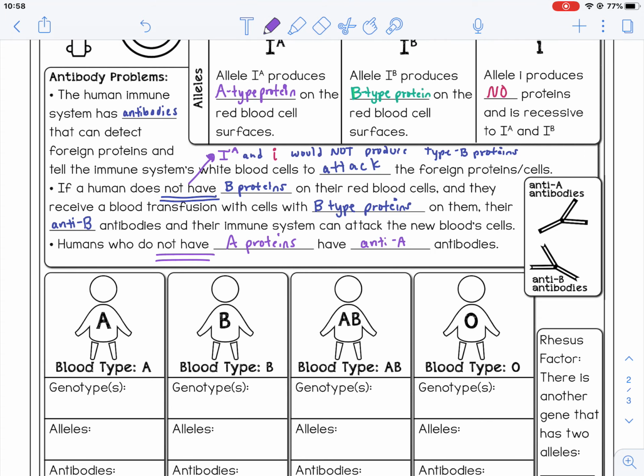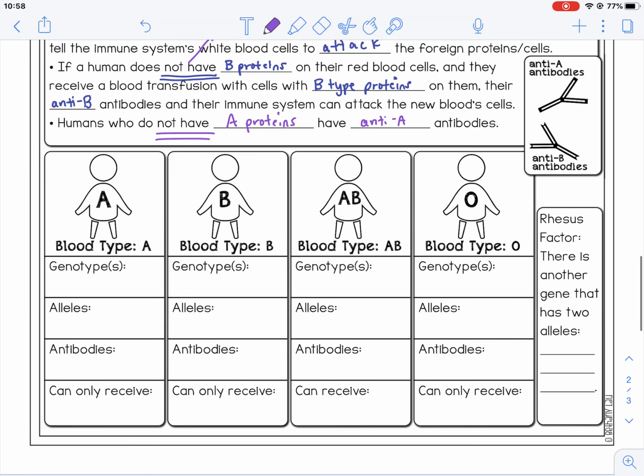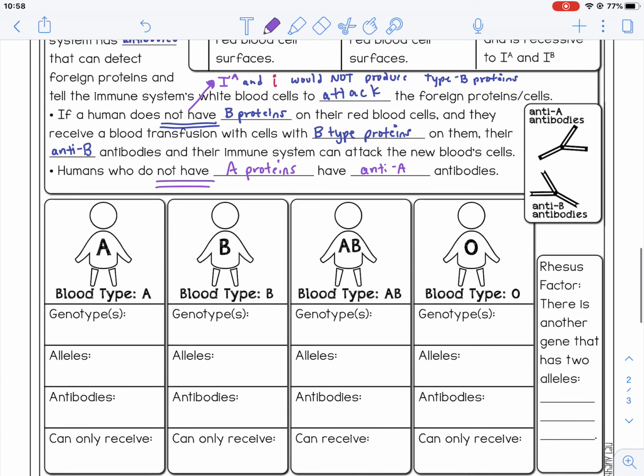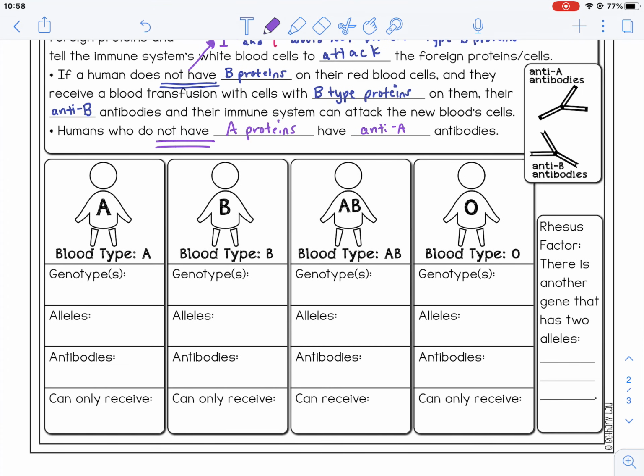So let's see if we can break this down a little bit better. So type A blood. Let's talk about our genotypes. Well, we know that if a person has both IA and IA, they're obviously going to have type A blood.